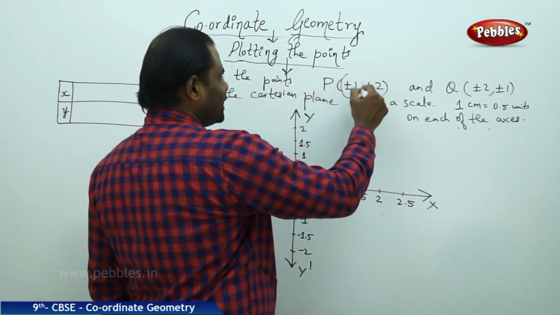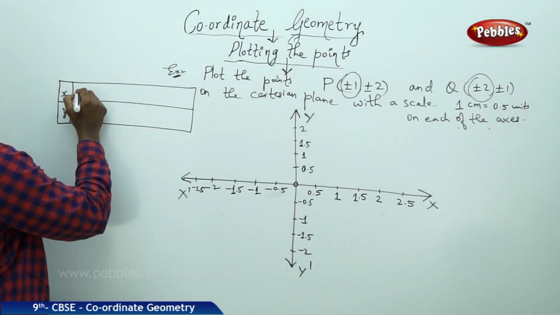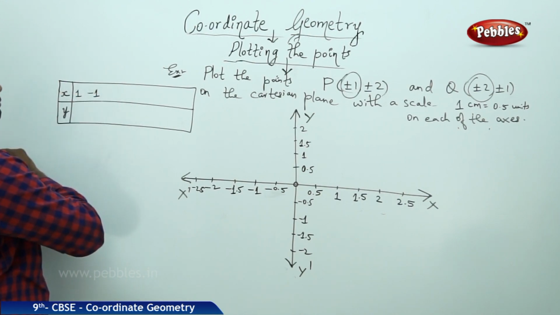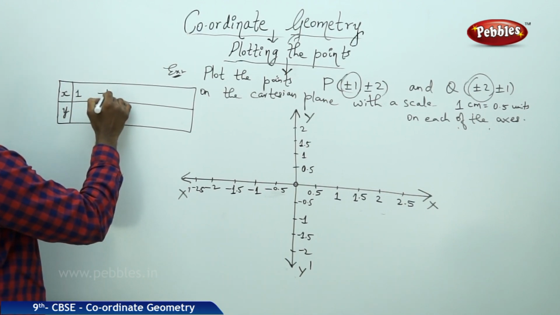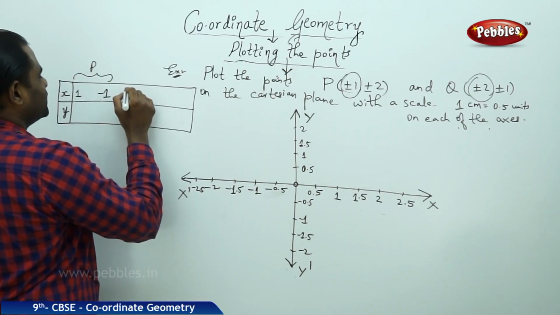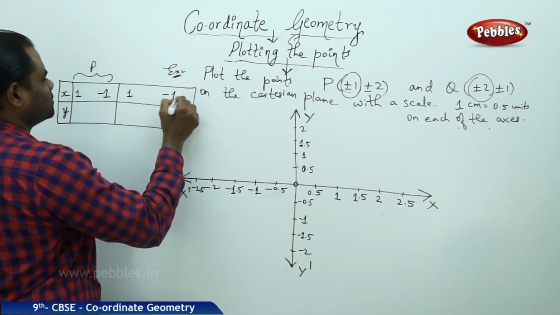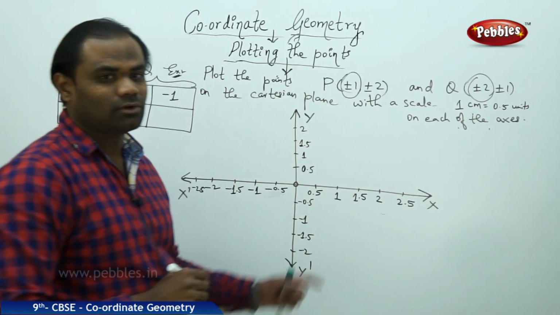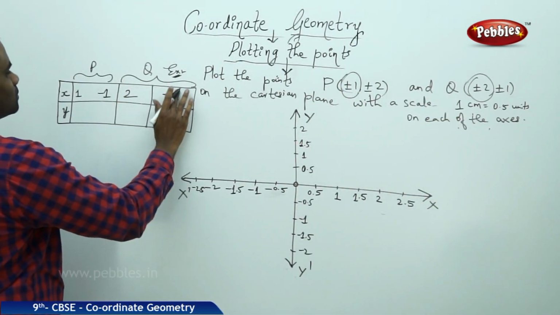Now let me pick all the x values of both the points P and Q. So I have first x equals plus 1 and then x equals minus 1. And again I have, for P, these are the coordinates for P, and then I have x equals 1 and x equals minus 1 for the coordinates of Q. So each of the coordinates have x as plus or minus 1 and plus or minus 2.